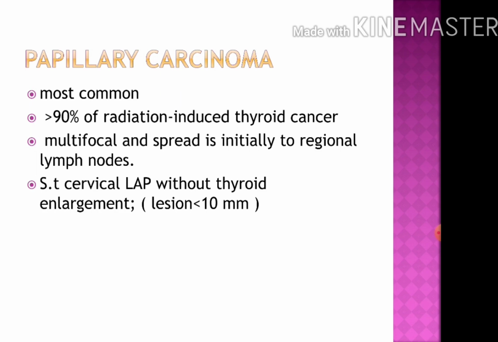So if we find a lymph node enlargement and the biopsy shows malignancy, it is most commonly a papillary type of carcinoma. Sometimes cervical lymphadenopathy can be present without thyroid enlargement if the lesion is less than 10 millimeters. Here, the prognosis is very good because we can intervene before it metastasizes to other parts of the body.